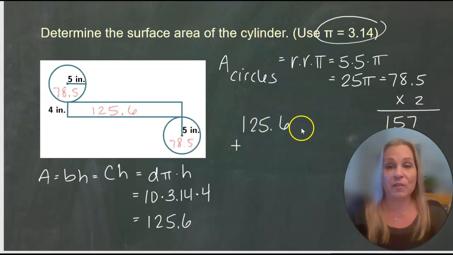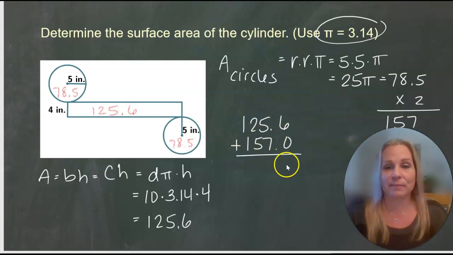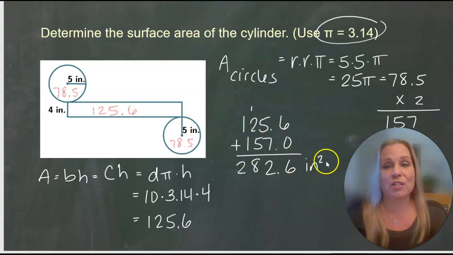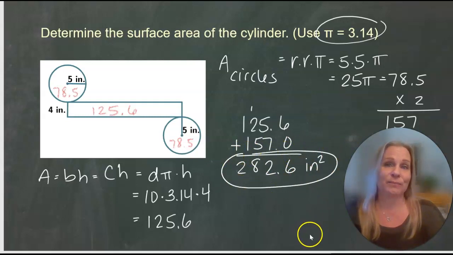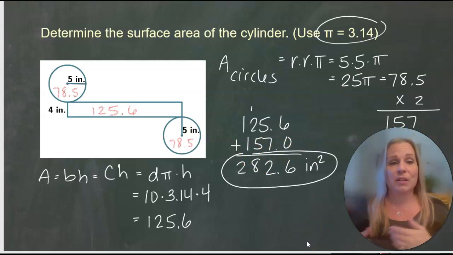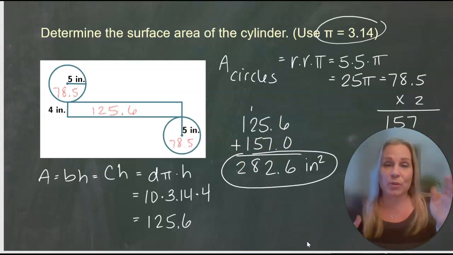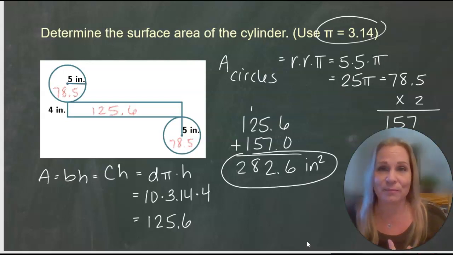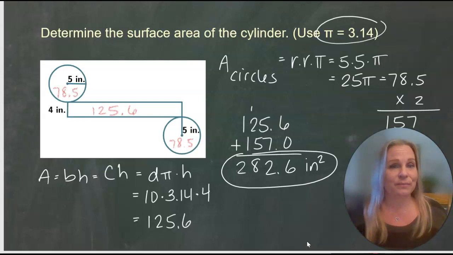Okay, so 125.6 plus 157 is 282.6, and that is square inches because we are still talking area here. All right, so these problems are a little longer because you're finding the area of both circles and the area of that rectangle that wraps around. And then you're adding it together.